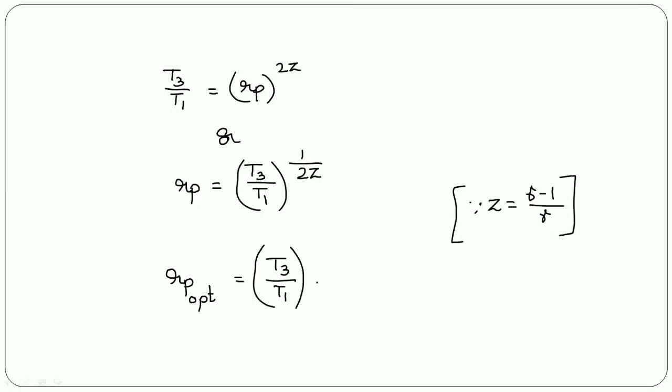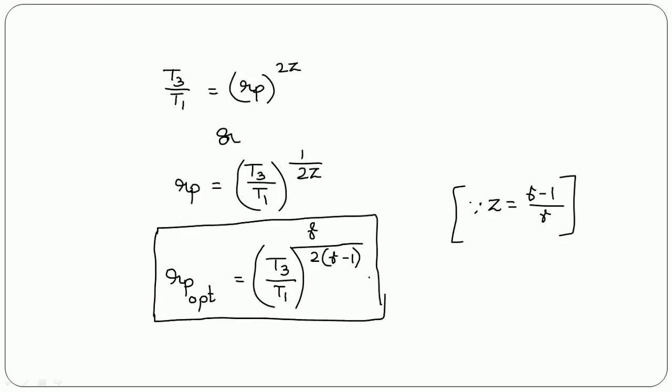So if I substitute this here, then it becomes gamma by 2 into gamma minus 1. So this is the formula for condition for maximum work done. So the condition for maximum work done is this.